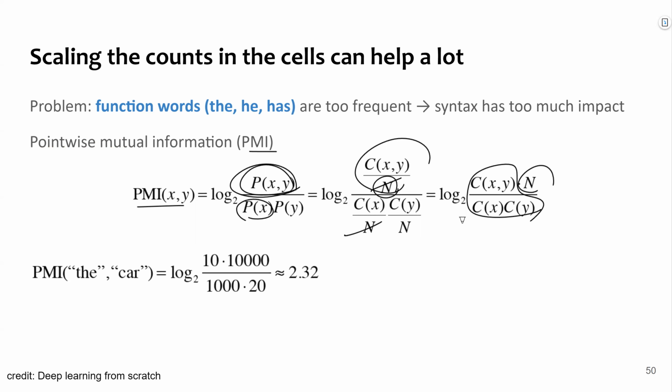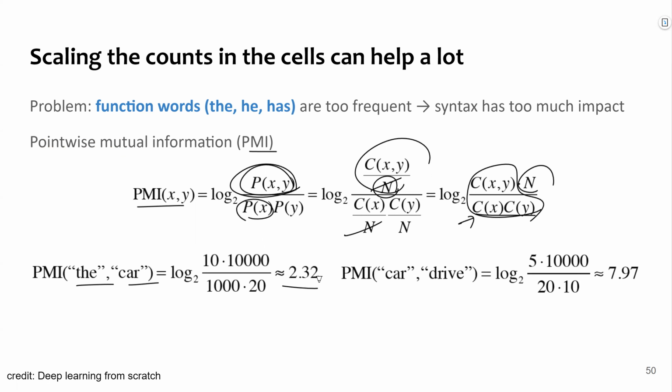And because we consider the actual counts in our calculation, the PMI between "the" and "car" is 2.32, and the PMI between "car" and "drive" is 7.97. So this is higher.